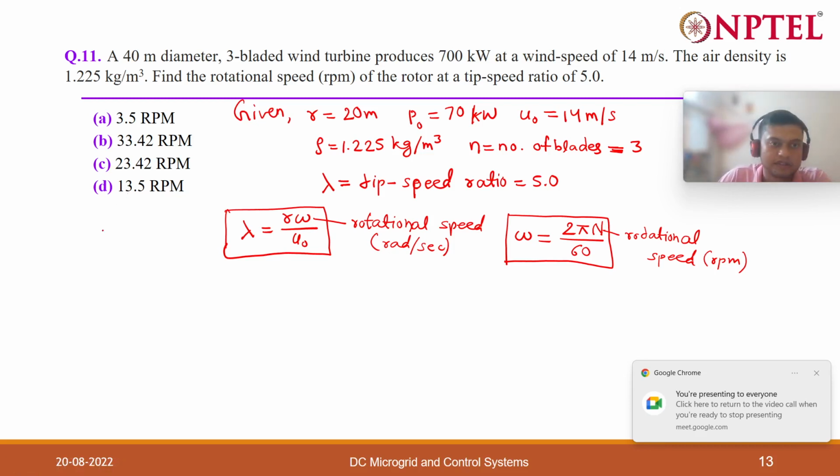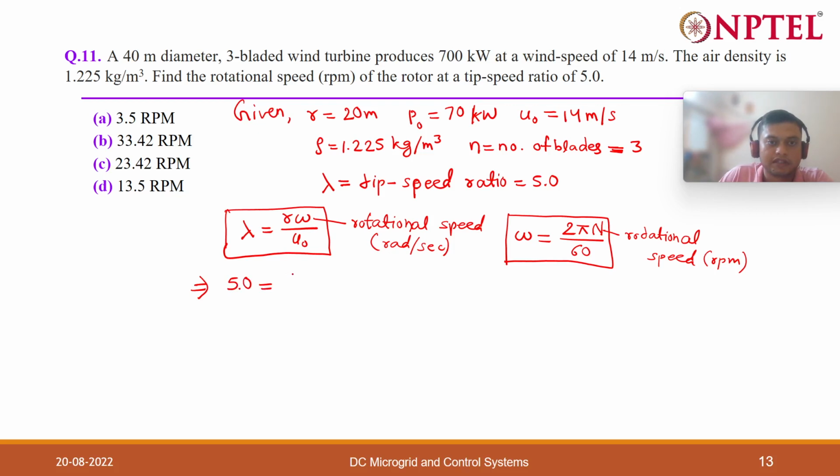So just put the tip speed ratio given as 5.0. We have given radius 20 meter, and you can type 2 pi N divided by 60, and we have given U naught as 14 meter per second.